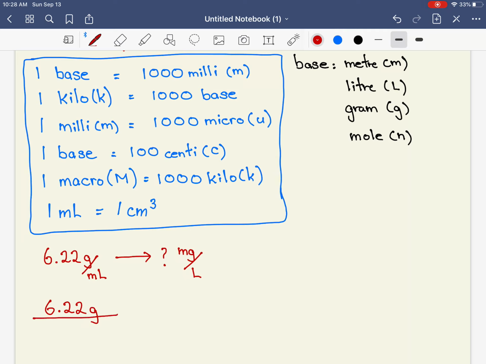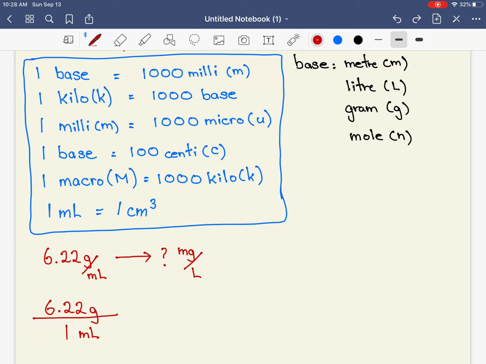So 6.22 grams per every milliliter. That's what this means. Okay, 6.22 grams per milliliter is really 6.22 grams over 1 milliliter. If you haven't already known that. Now, this is what I want you to do, step by step.